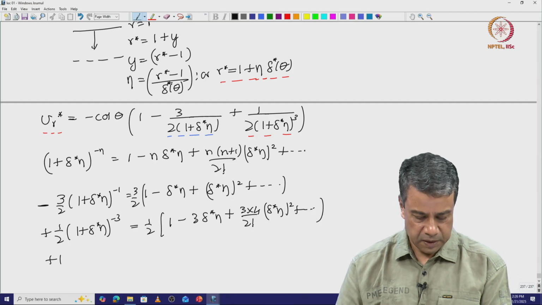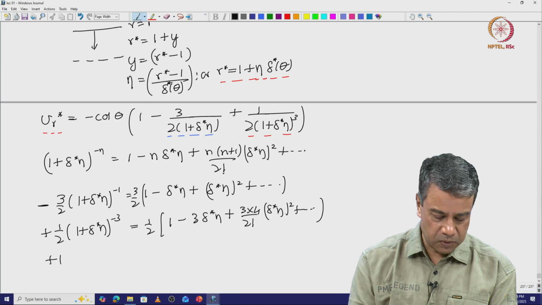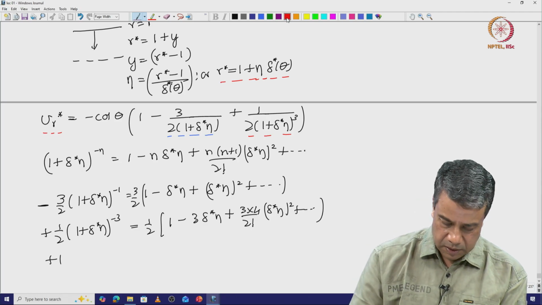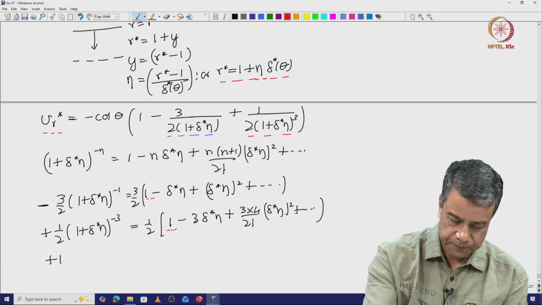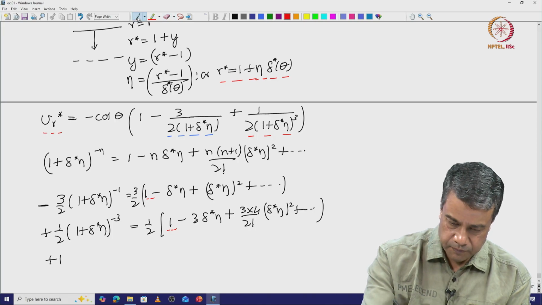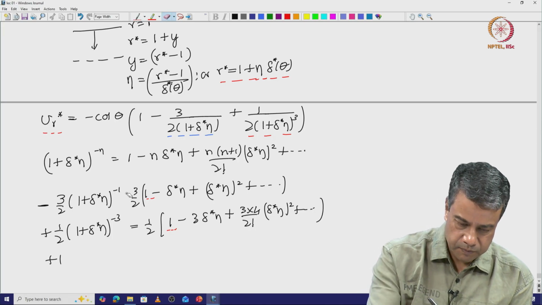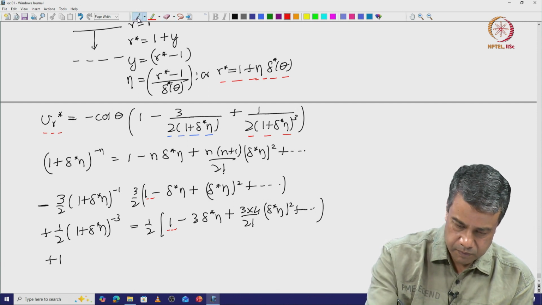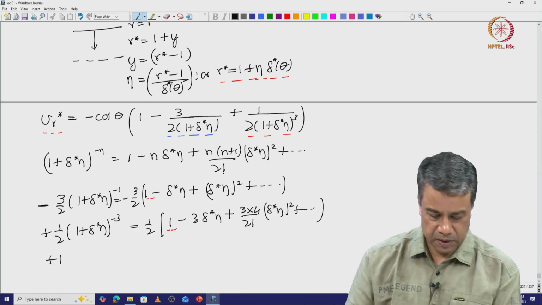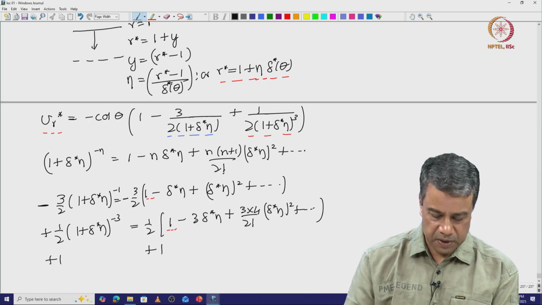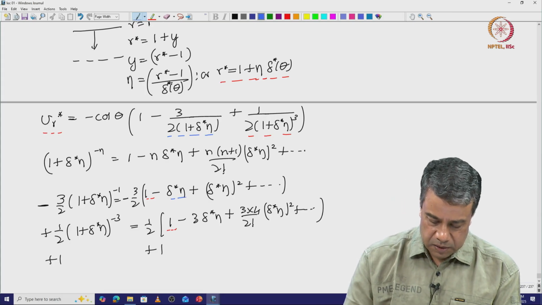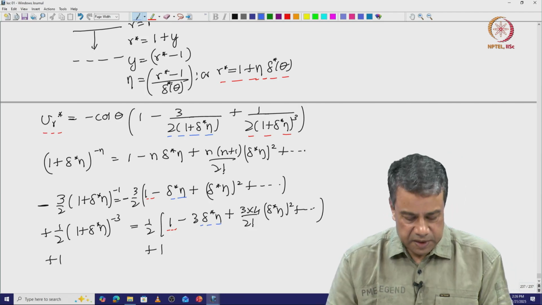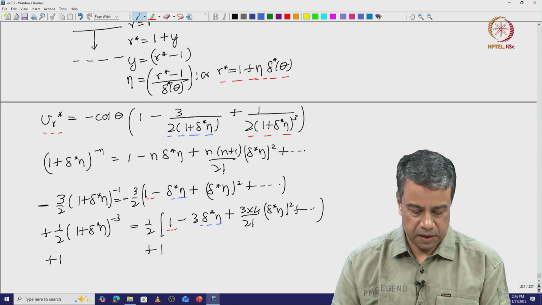And you can see that if I add 1 minus 3 by 2, so minus 3 by 2 plus 1 by 2 plus 1, that turns out to be 0. The second term, these two also sum to 0. You have plus 3 by 2 delta eta minus 3 delta eta, which sums to 0.